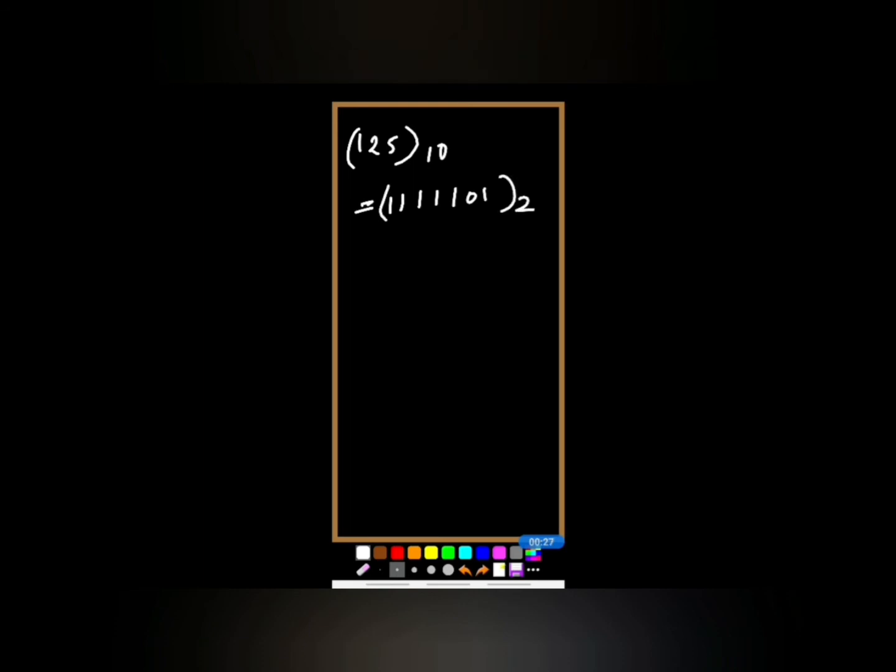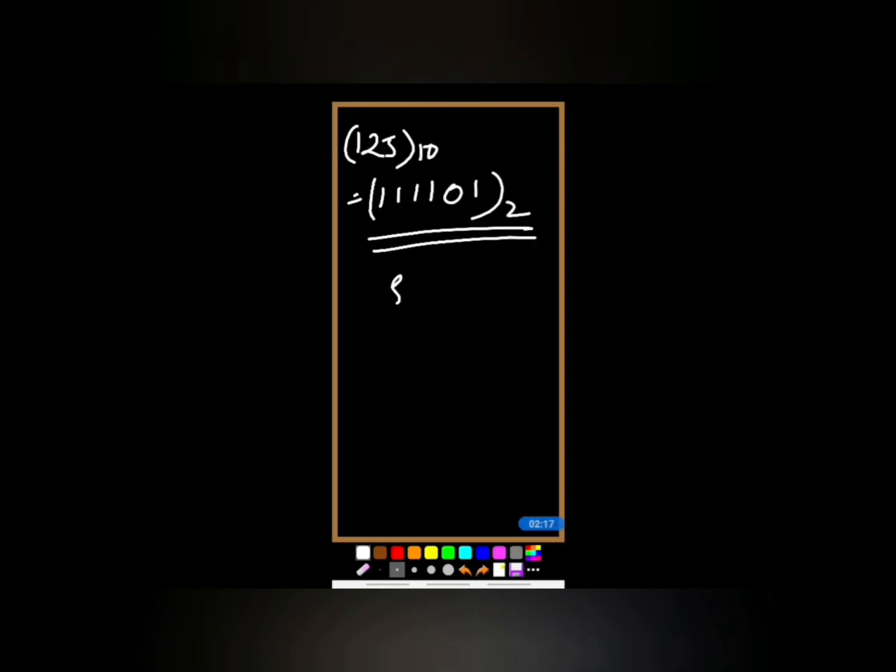So the binary equivalent of 125 base 10 is 1, 1, 1, 1, 1, 0, 1 base 2. Five ones are there. This is the answer for 125.